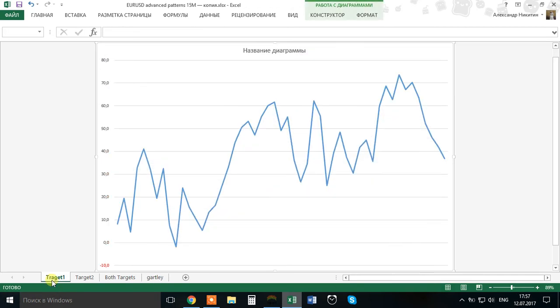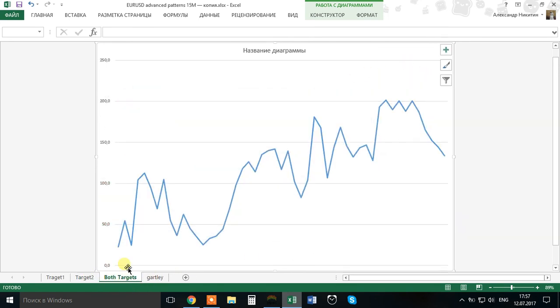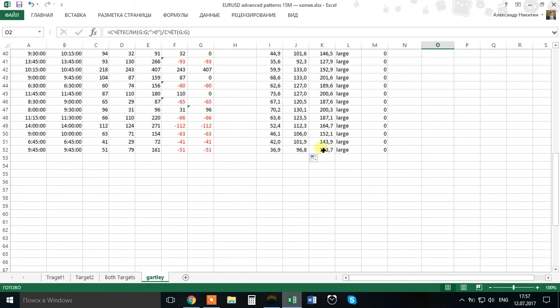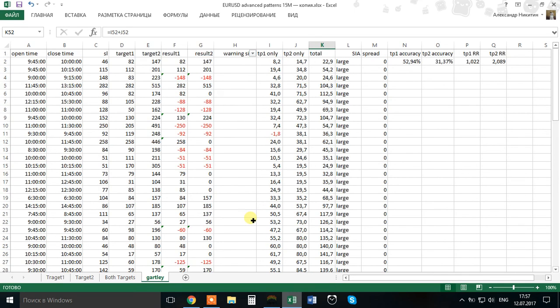And let's look at some charts. You see it is moving to the upside, and the same with target 2, moving to the upside. And both targets generate for you 133. Instead of losing 121, you generate 133.